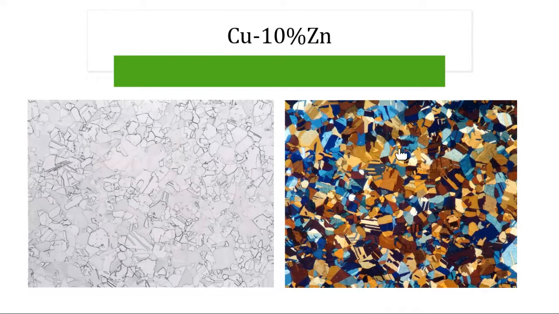You can easily say, oh, that's a grain, and this one right here is a grain, and there's another grain, and that's a small grain. You don't have to play the guessing game like you would over here, thinking this is one large grain. So the colored etchant in this case brought about the true microstructure for this material.